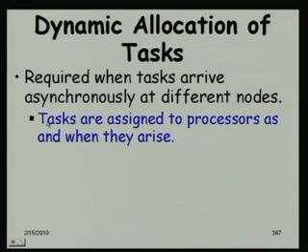So, once the task arises, it needs to be assigned to a processor after that time. Till that time we do not know what will be the state of the other processors when this task will arise and which will be the best processor. We do not know until the task actually arises, and at that time we need to examine which will be the best processor on which it can run.